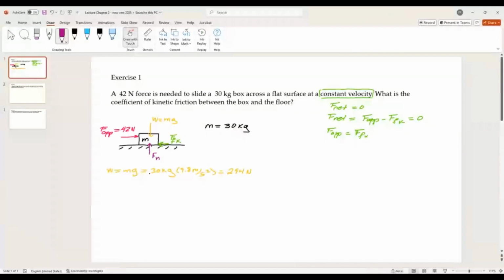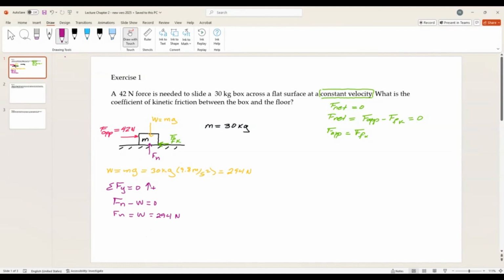So now we know that if you make a sum of the forces in y, and you know that the sum of forces in y is zero, and you take positive the forces pointing up, you can say that the normal force minus the weight is zero. So the normal force will be equal to the weight, and will be equal to 294 newtons.